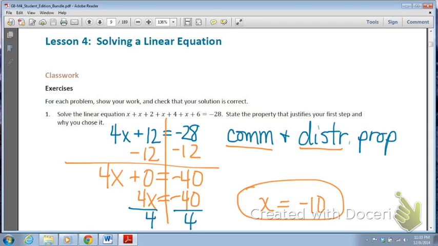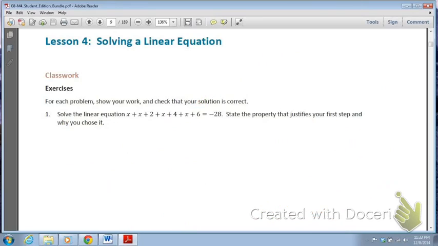Okay, so to check my solution is correct, I'm going to want to put negative 10 in for x up here in my original equation and check to see that the left and the right side are equal. So let's look at what that would look like. I said x equals negative 10 is the solution.